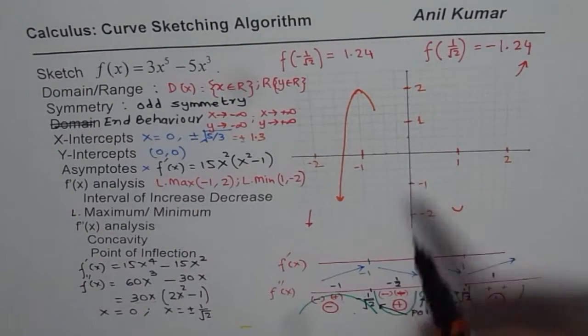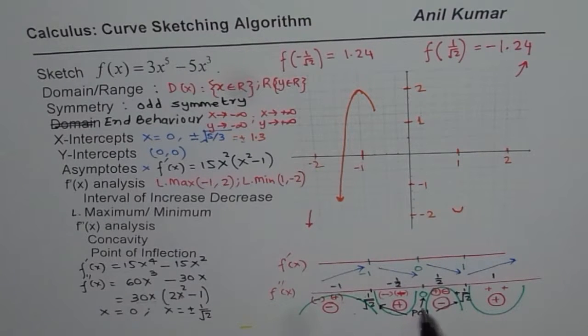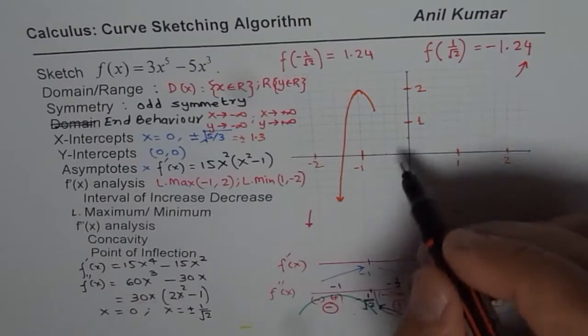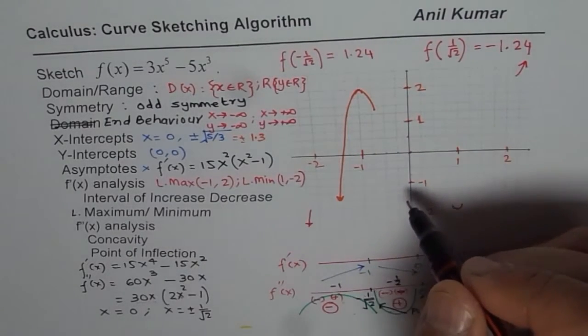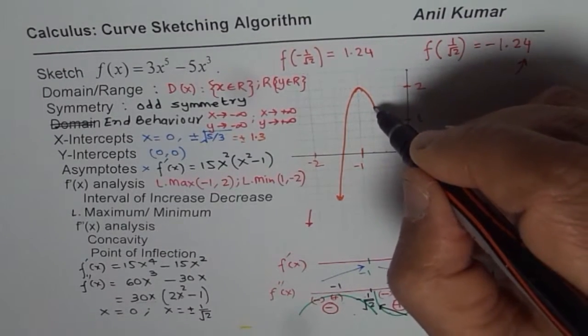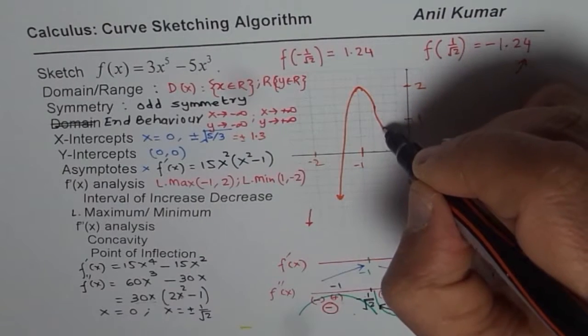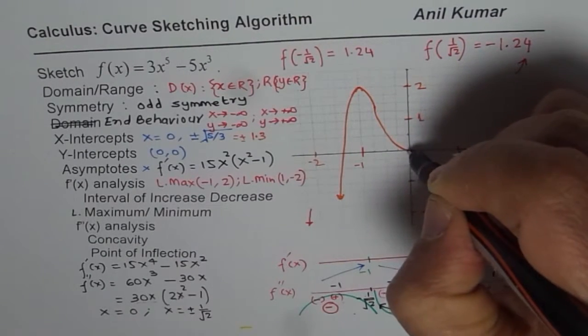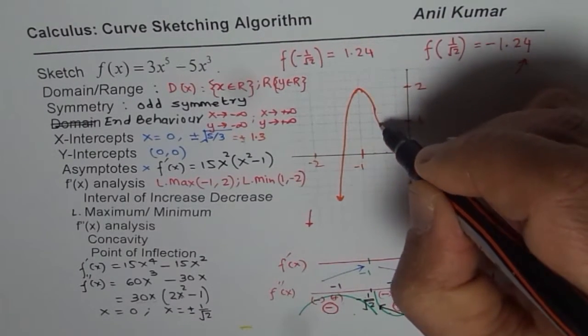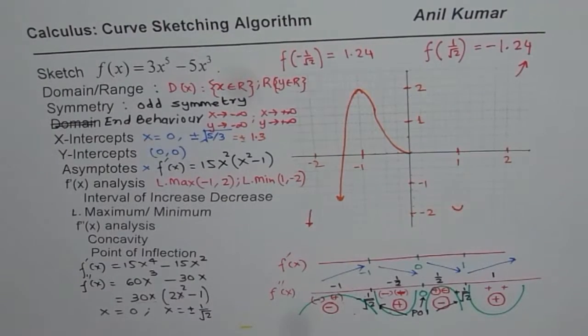Now the second point of inflection is at 0, right? So at 0, the value of the function is 0. That is also our y-intercept. So our concavity from here will be concave up. I'm purposely making it like this so that you appreciate the change in concavity. You get the idea, right?